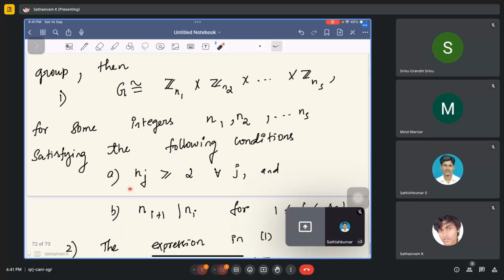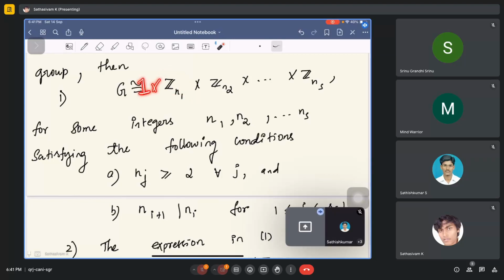One is that all these n_i are greater than or equal to 2. That means Z mod 1Z is what? This is the identity, right? So we are not writing the identity as one of the factors. All the factors are at least Z_2 or more.